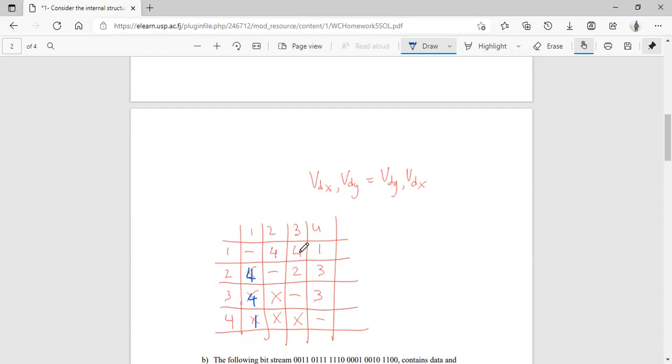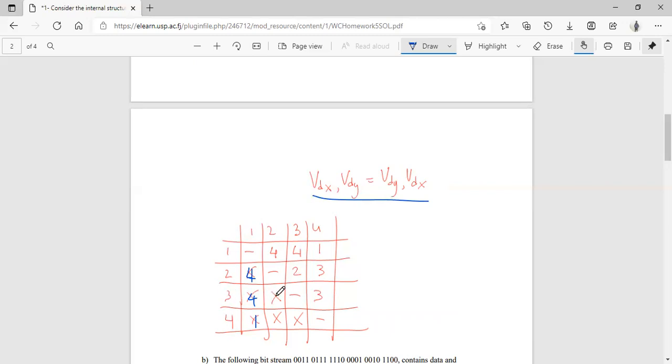So whatever data you have is reflected over here. You can see again the distance between D2 with D3 is just 2 bits. So again, it will have the same reading for D3 with D2 due to this property.